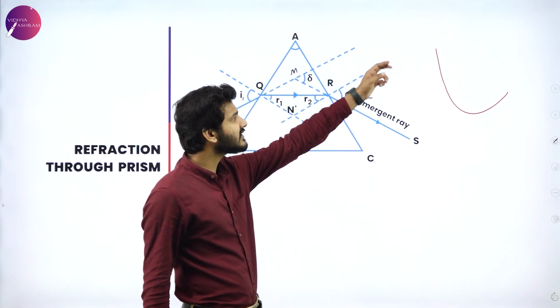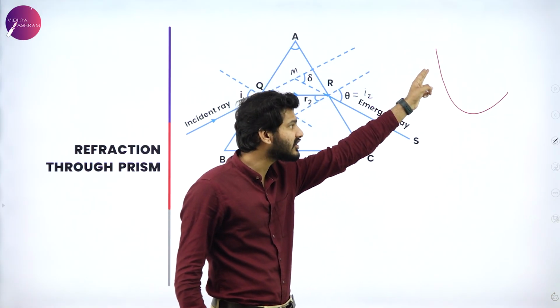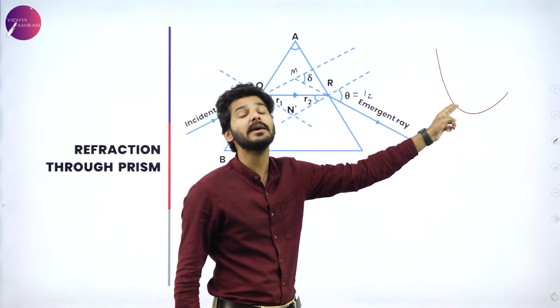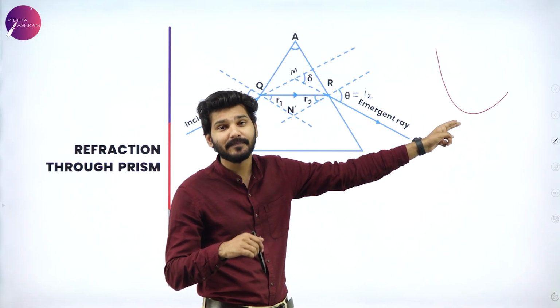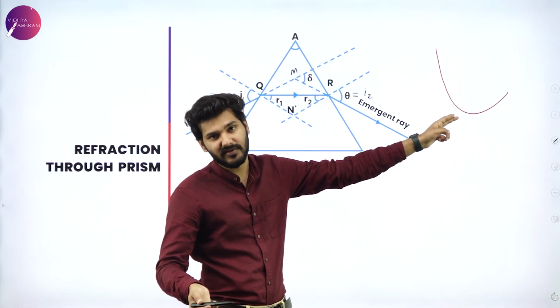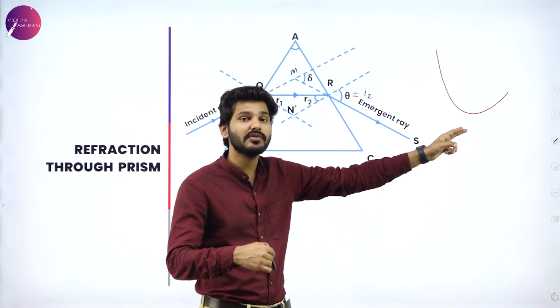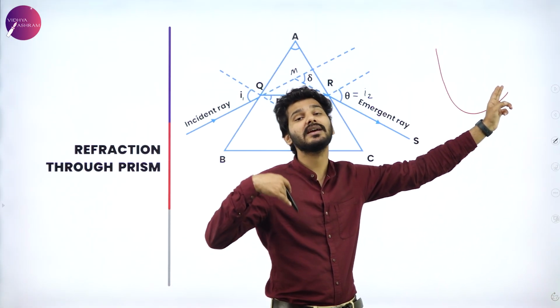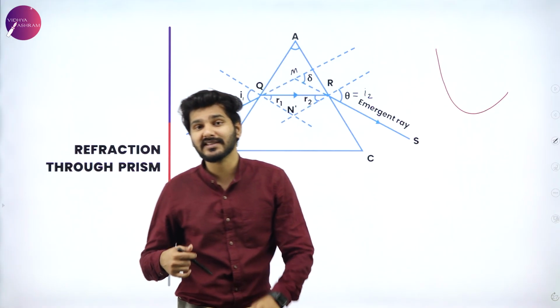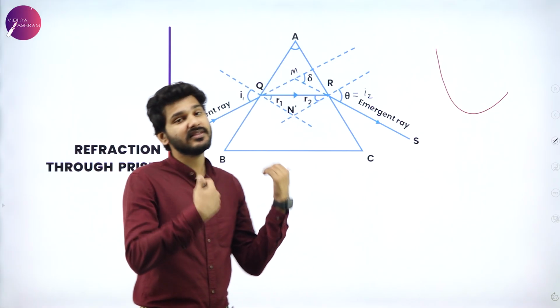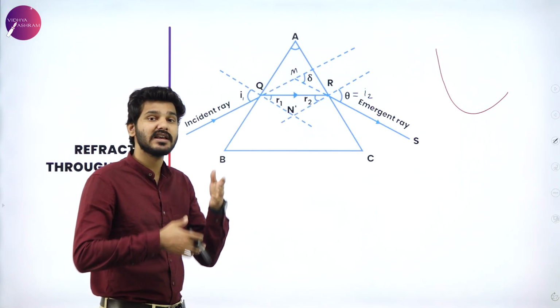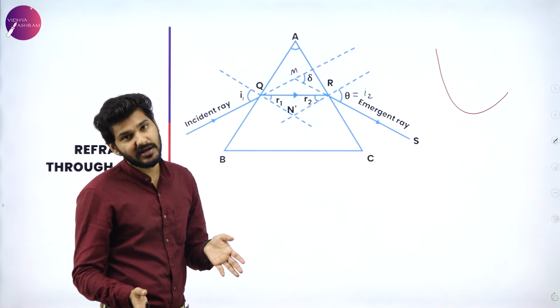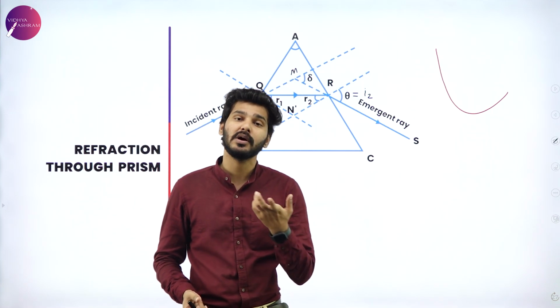First the angle of deviation will decrease to a minimum value that is known as the angle of minimum deviation. From that value, the deviation is going to increase. This is the derivation for the angle of minimum deviation, or simply refraction through a prism.